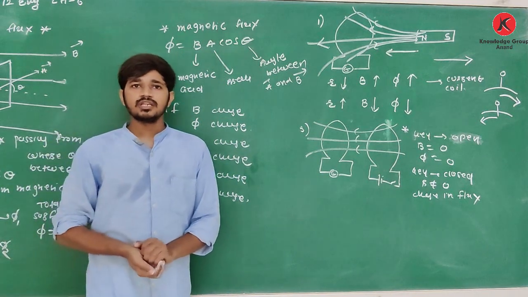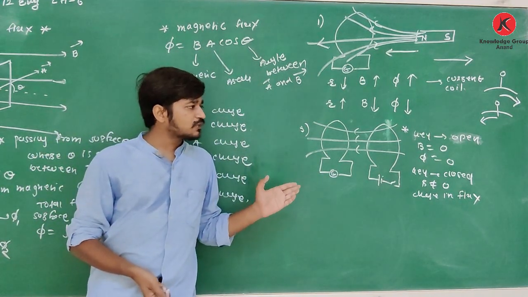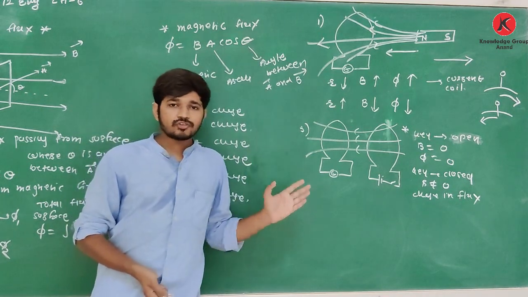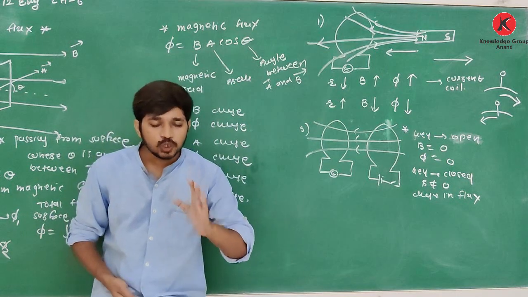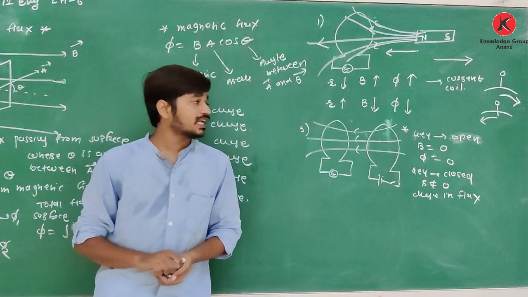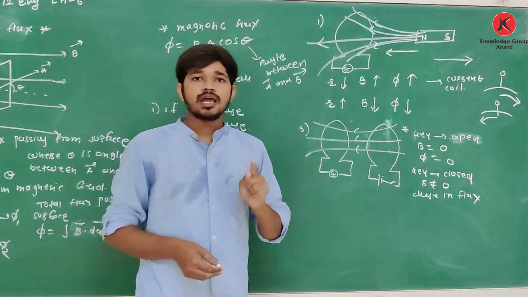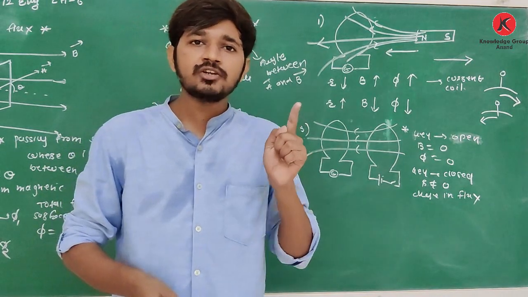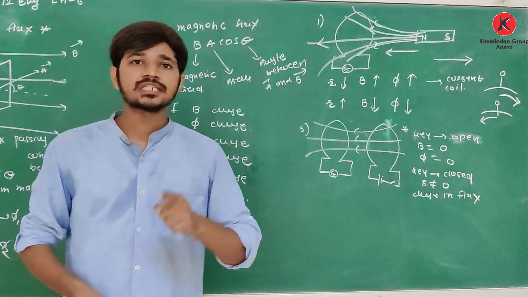Clear about this? So in all these experiments performed by Faraday, what is the conclusion? Yes, the conclusion is that current is induced in the coil. Current is generated in the coil due to change in magnetic flux.